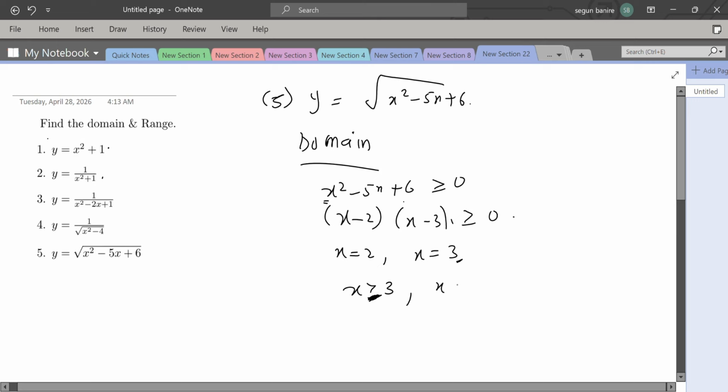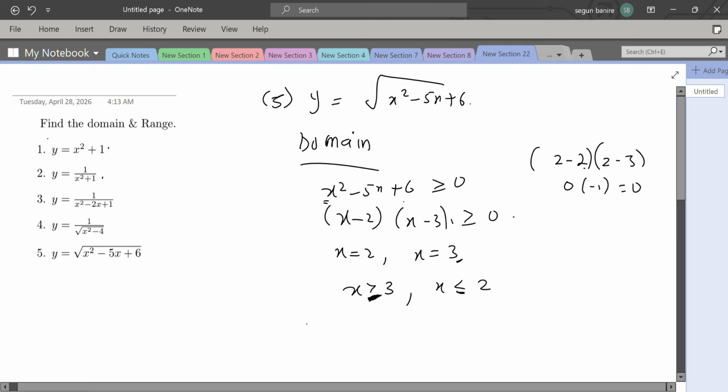And then you get s is less than or equal to 2. Both can be equal. Let's check, if s is equal to 2, you get 2 minus 2 times 2 minus 3. This is 0 times minus 1, which is actually 0. So that is why I'm saying it is both.